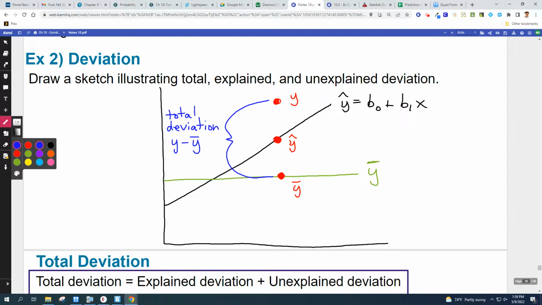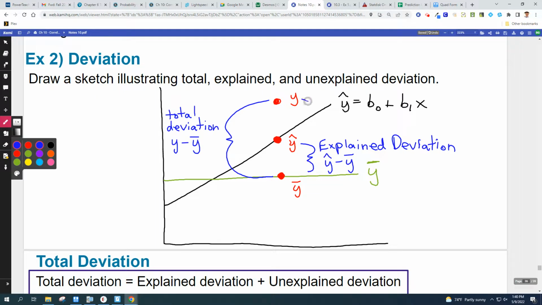Explained deviation is the distance between y hat and the mean.